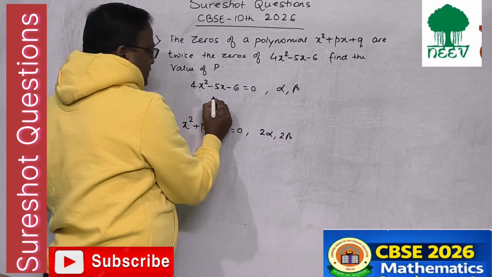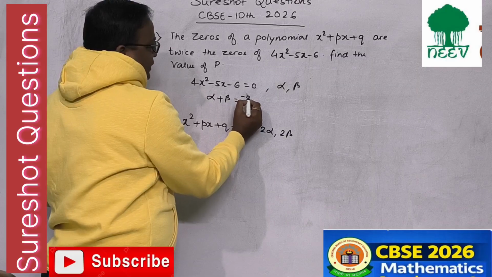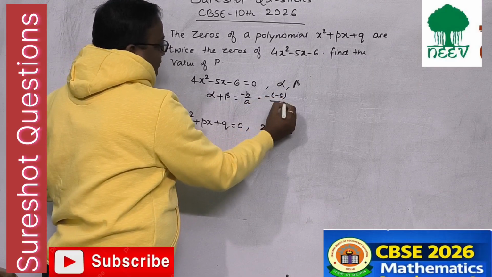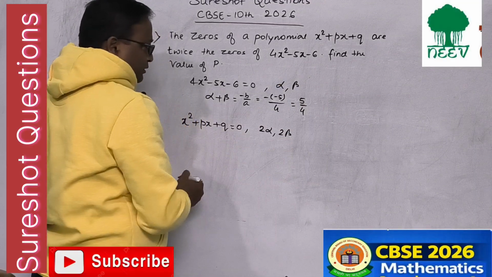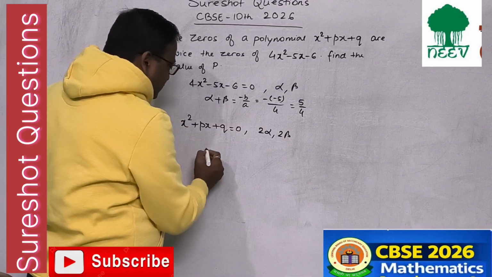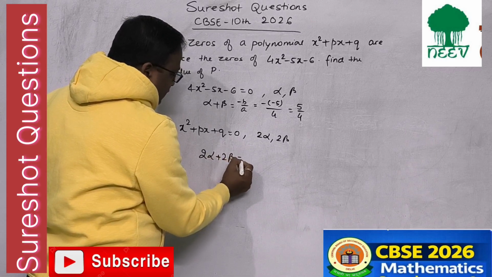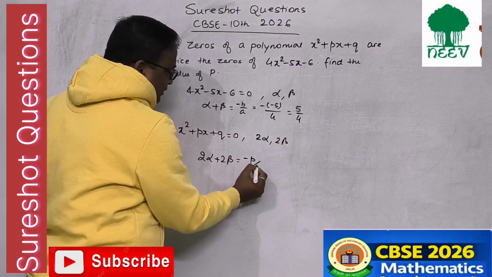So what we can do is sum of the roots, meaning alpha plus beta is minus b by a. So minus of minus 5 by 4. This becomes 5 by 4. Okay. Now here 2 alpha plus 2 beta is equal to minus b by a, meaning minus p by 1.